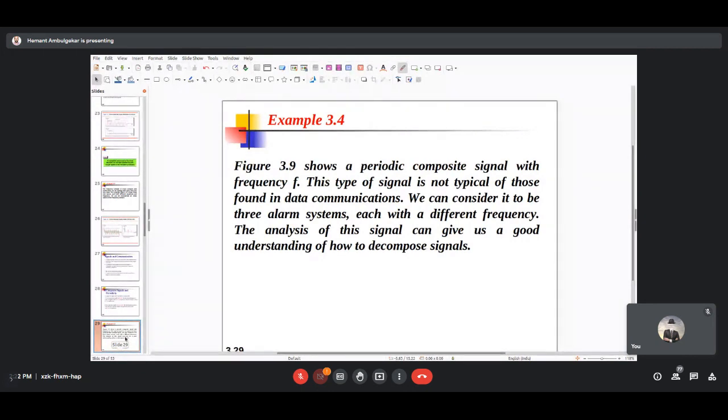So here we have a composite signal with different frequencies.